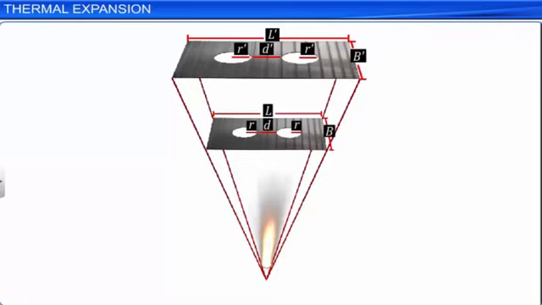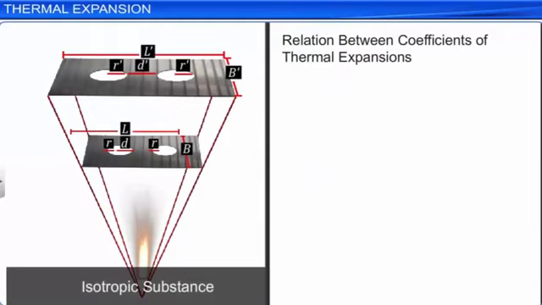Substances that expand at the same rate in all directions are called isotropic substances. For a perfect isotropic material, the coefficients of thermal expansion are related as alpha V equals 3 alpha L and alpha A equals 2 alpha L.